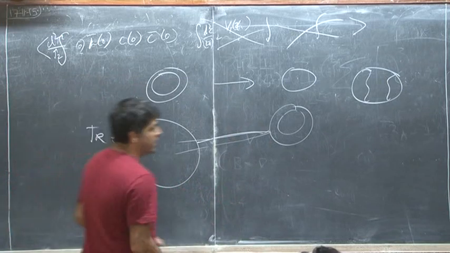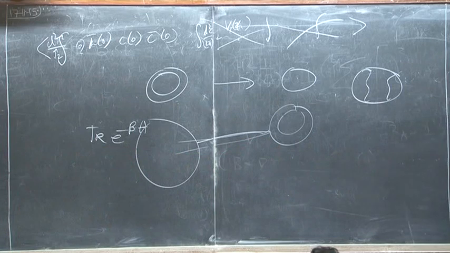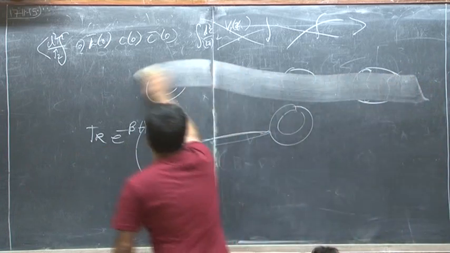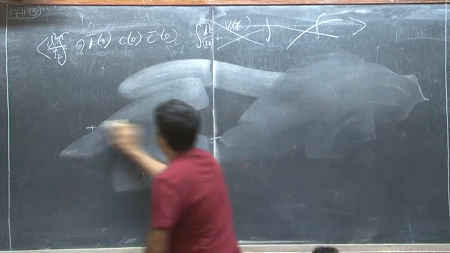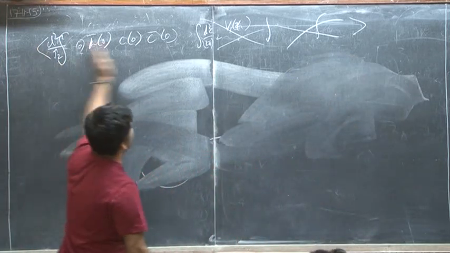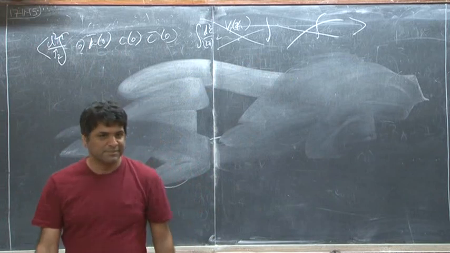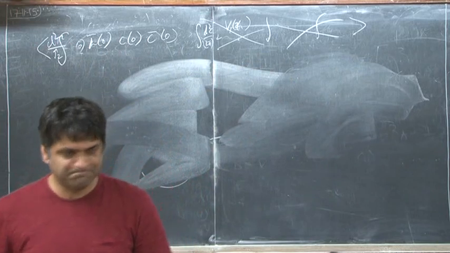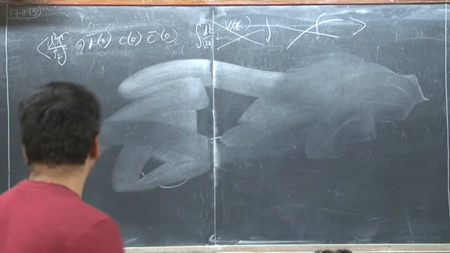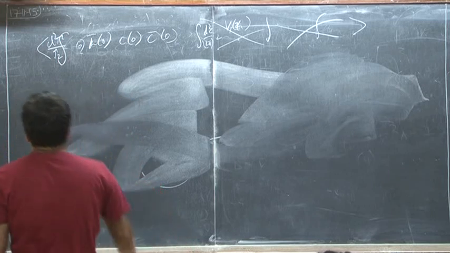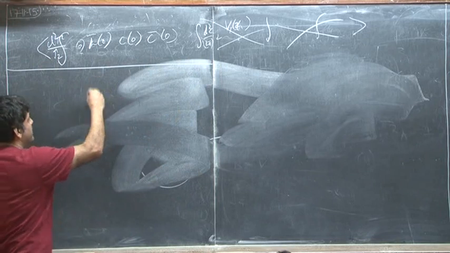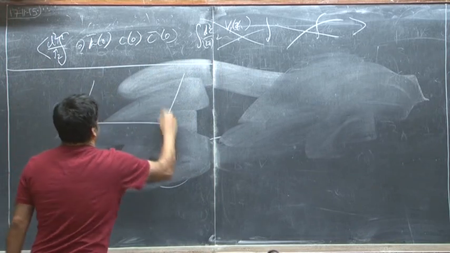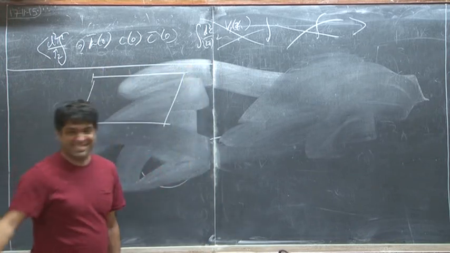Let us proceed. In order to do this calculation, we need to know a little bit about the torus, and then we need to know how to compute this expectation value. These are the two things we need to know. So first let's talk about the torus. In the last class, we had discussed that the torus was to be thought of as a lattice.